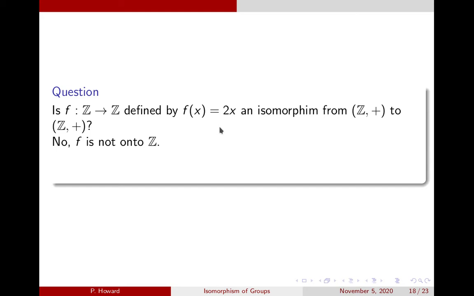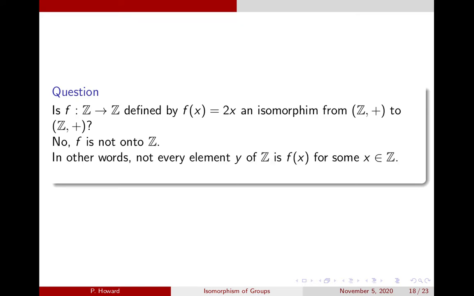Right? There were three requirements for being an isomorphism. An isomorphism has to be one-to-one, it has to be onto the second group, and it has to satisfy the isomorphism equation. But f is not onto the integers.